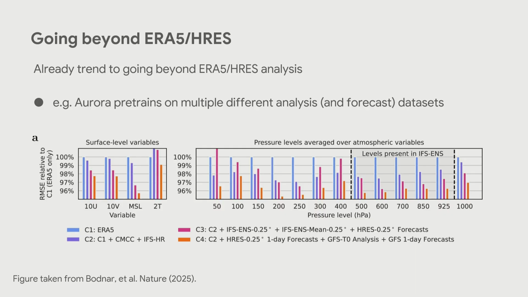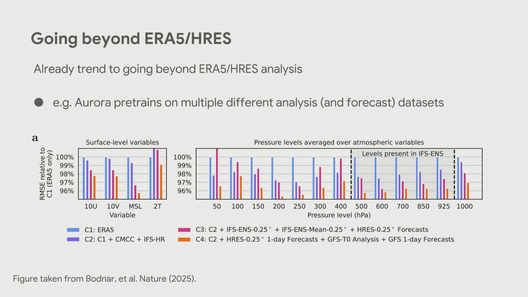So, for example, the Aurora paper, which came out of the team from Microsoft, one of the techniques that model has is to pre-train not just on ERA5, but on combinations of analysis and even of forecasts from numerical weather predictions. And so what this graph is showing basically is the percentage error that they get with different combinations of data sets in their pre-training set, the different colors being the different combinations, orange being the best combination overall.